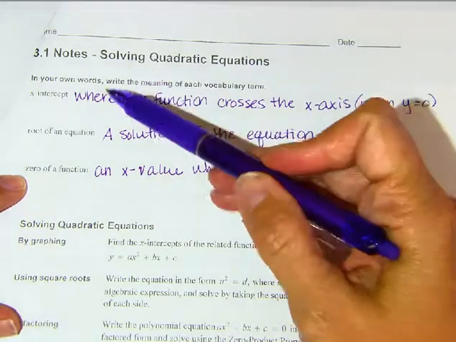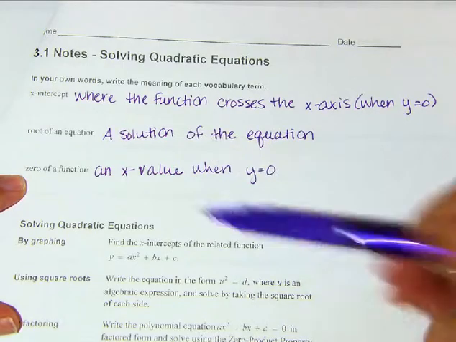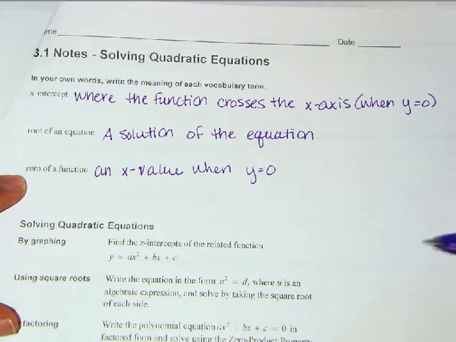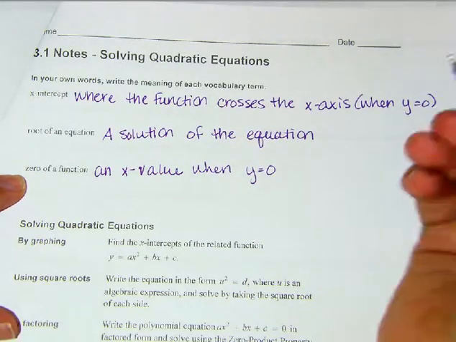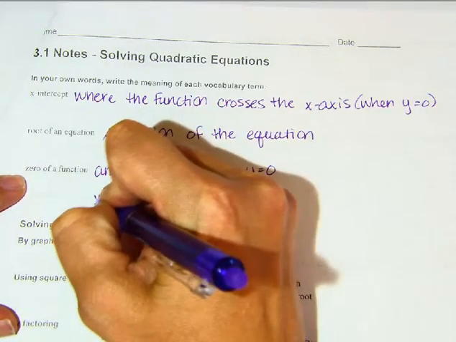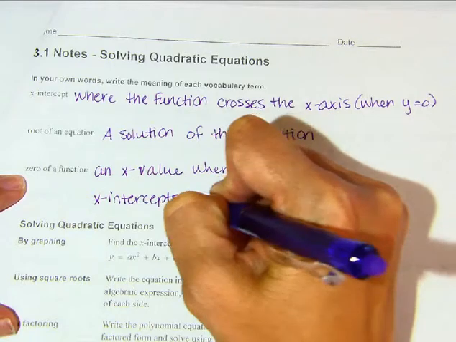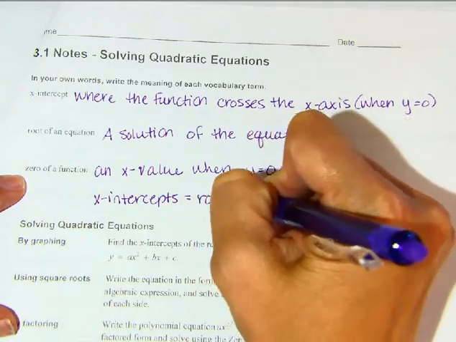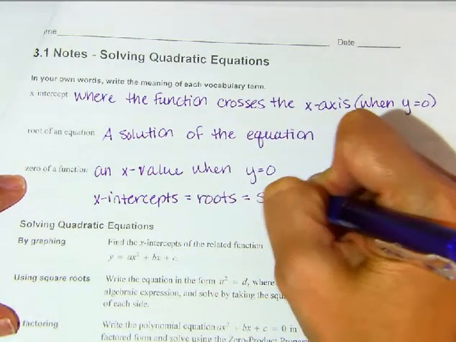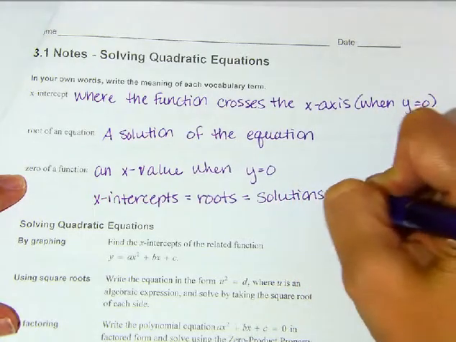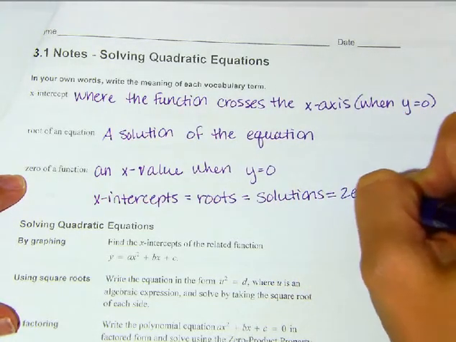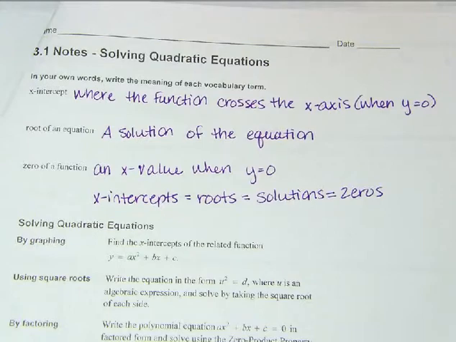If you notice, all of these things, they all are the same thing. It's us looking for the solution to the function. So if we have an x-intercept, it's the same thing as saying it's the roots of the function, which is the same thing as saying the solutions of the function and the zeros of the function, okay? And with quadratics, there is always 2.